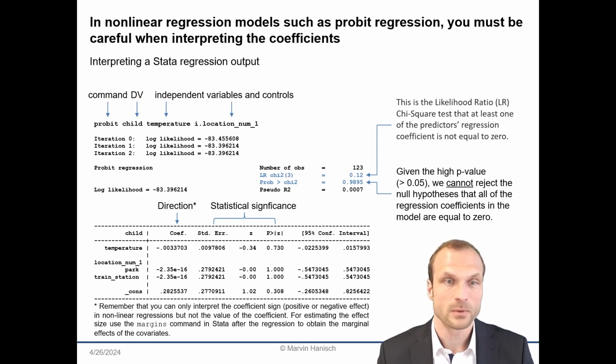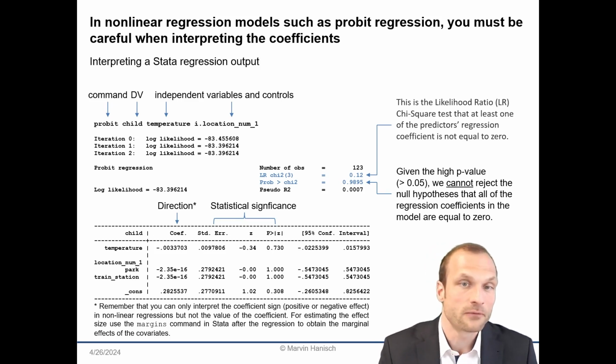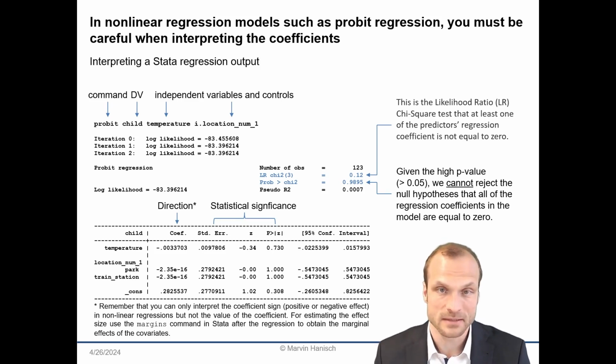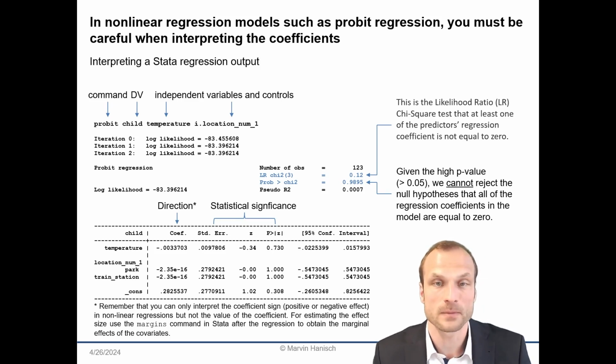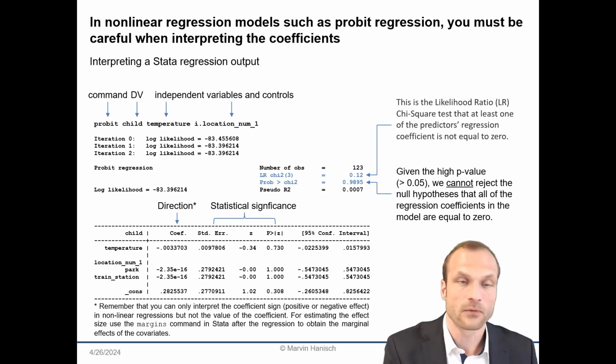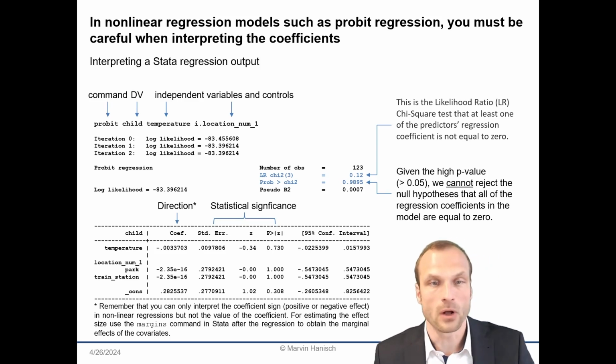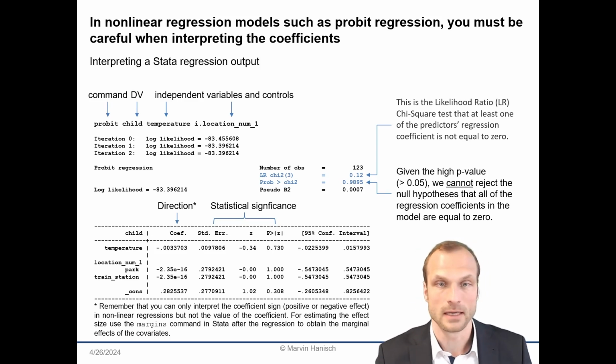Given our sample, we would probably accept p-values around 5% or even going up to 10%, but this value clearly exceeds any possibly set threshold, which means that we cannot reject the null hypothesis that the coefficient is equal to 0. In other words, we cannot make any claim about the relationship between the temperature and the likelihood that the customer is a child, which confirms our early impression from the likelihood ratio that all of our coefficients are equal to 0.